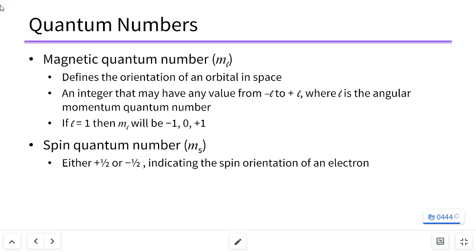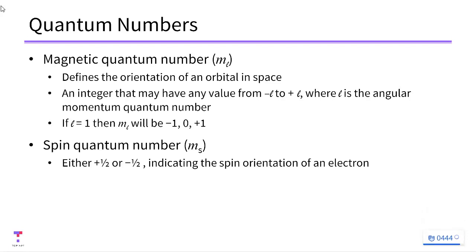For L equals 1, we had 3 different values of m sub L, so that told us that there were 3 orbitals in that subshell. For L equals 2, there were 5 possible values: -2, -1, 0, 1, and 2. Those 5 different values correlate to 5 different orbitals inside of that subshell.